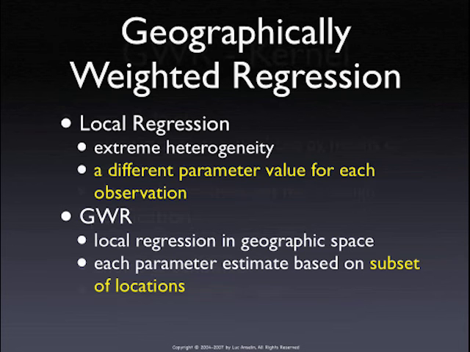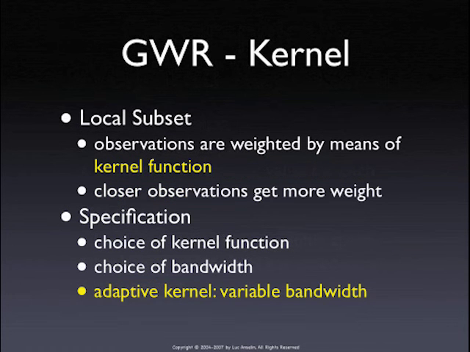So the way this is implemented is by using a kernel function. The closer observations get more weight. The practical implementation requires a choice of a specific function, say a bi-square or a Gaussian function, but also the choice of a bandwidth. And the intuition is very simple.